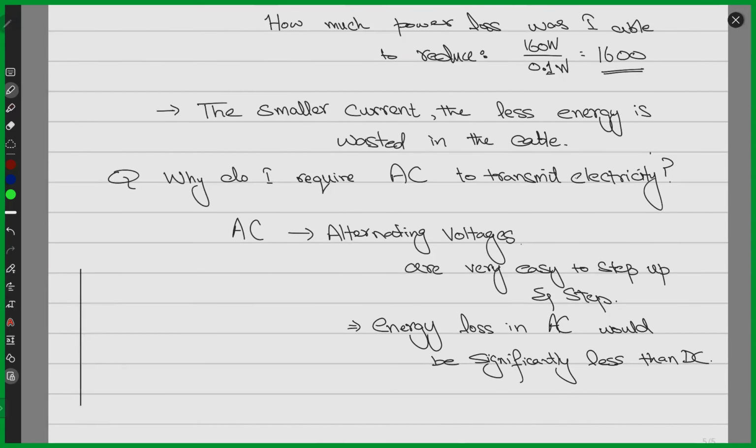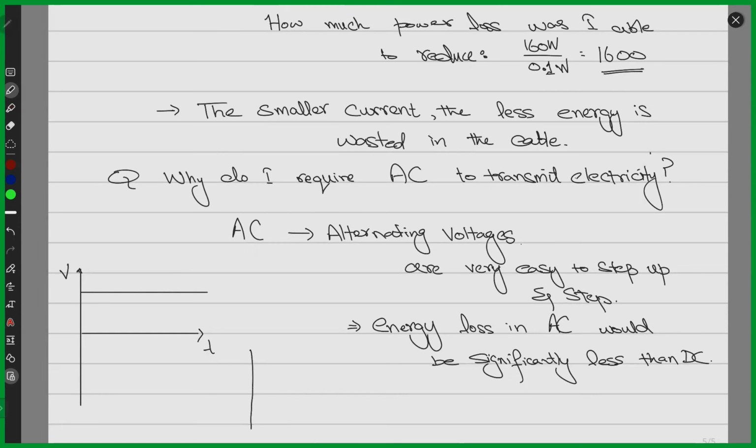So this is DC, right? Suppose, let me draw it like this. This is time, this is current, or let's say it's voltage. There's a constant supply of voltage at one particular value, and that voltage is the same throughout the entire time, right? So there's just a constant supply of voltage throughout its course.